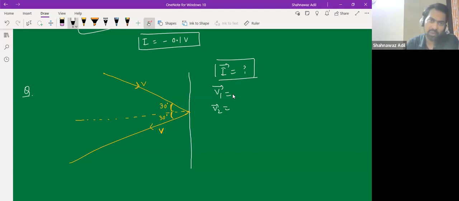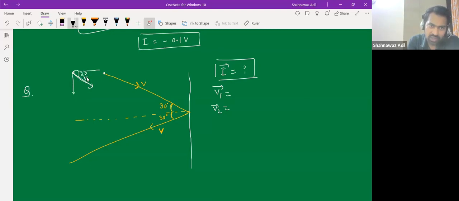Okay, so let's say we are here. In here, the vector is this, the velocity, and this angle is 30. So what would be this angle? 30. So we have this angle and this one. This is 30.